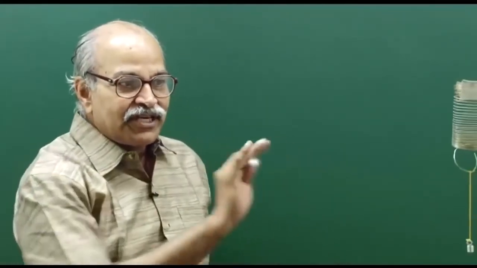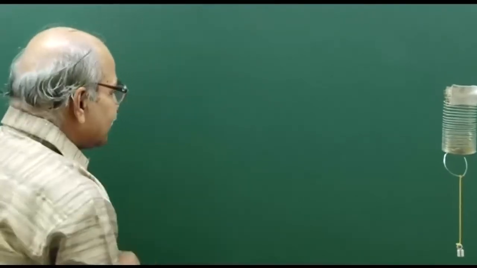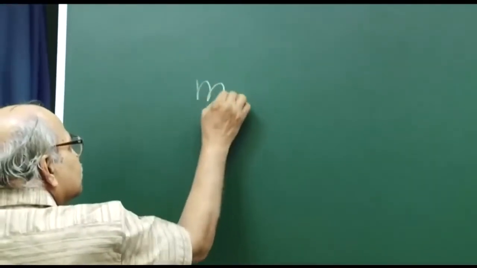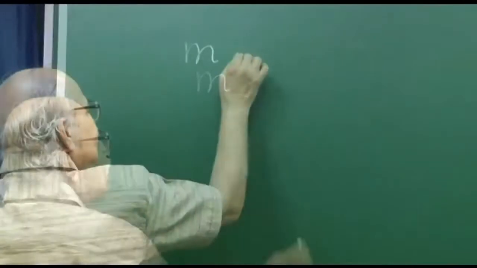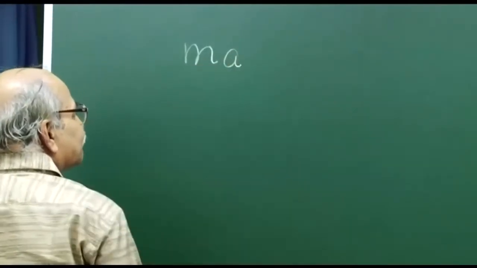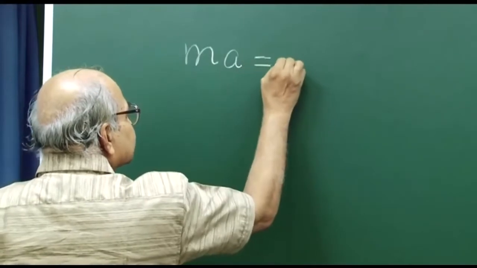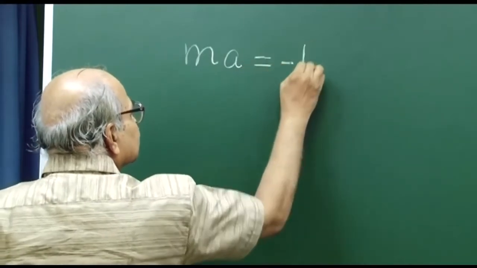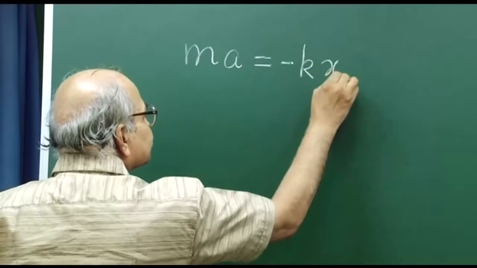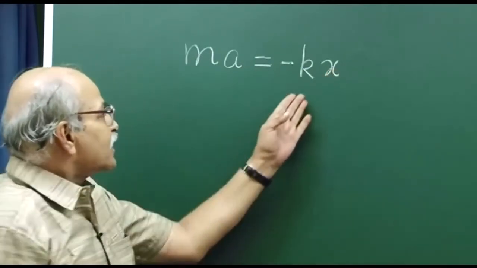The basic equation for an oscillation is something like this. If you have a particle of mass m, and I write the acceleration as a, this is equal to negative kx.